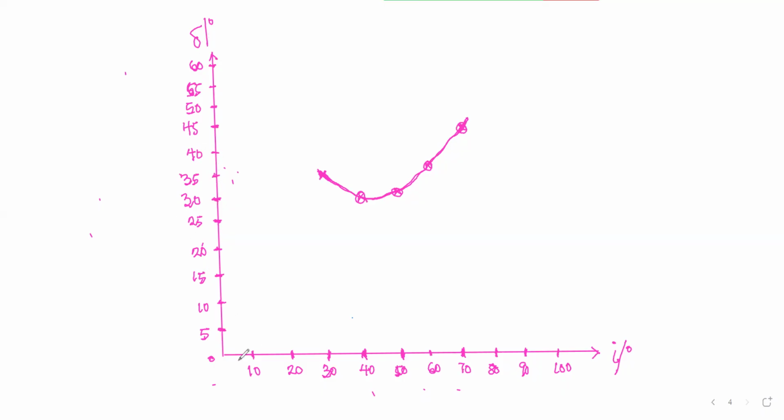Then horizontally, 0, 10, 20, 30, equal intervals of 10, meaning both axes start from the origin. Class, are you okay? Are we okay? Yes, sir.